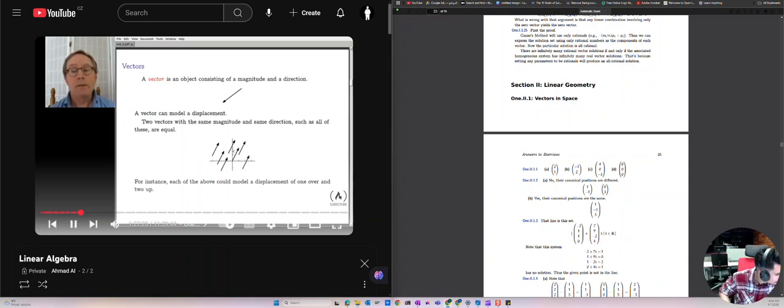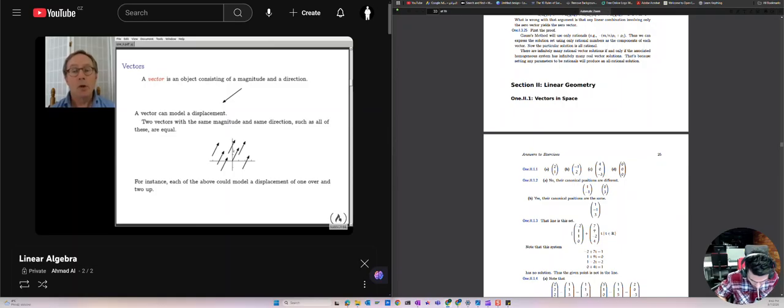So they're all the same vector. Each of them is a 1 over and 2 up displacement.